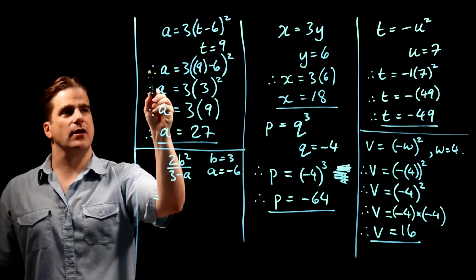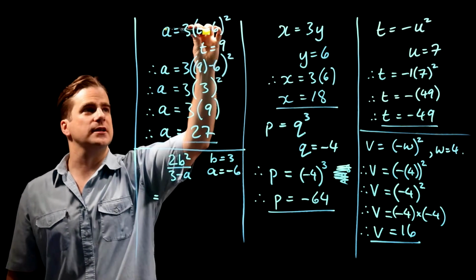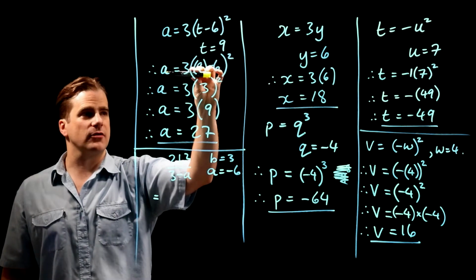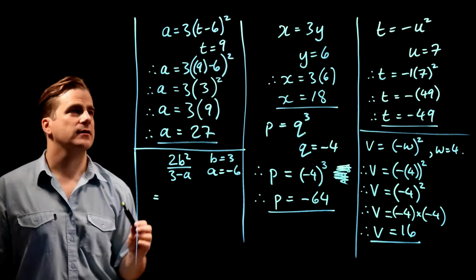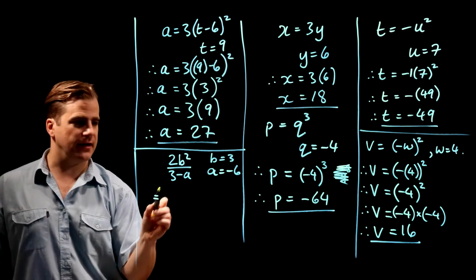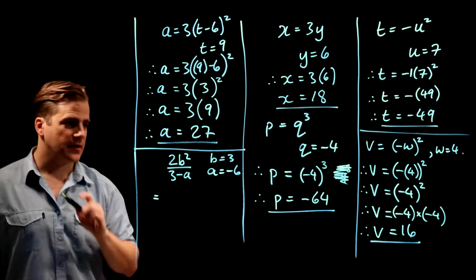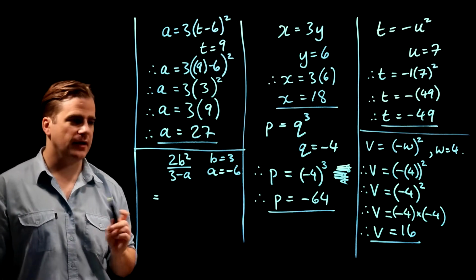It's much better to write a therefore, because if you're separating one equation and then you're writing another equation and another and another, you should separate the equations by therefore, but it's okay to link expressions by equals if you're evaluating them. Okay, let's just get on with it.